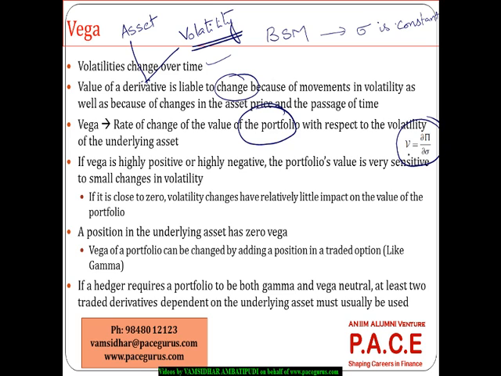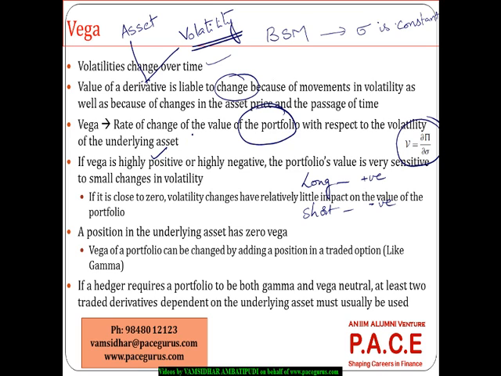So the change in the value with respect to the change in the underlying volatility. So if vega is very high, either positive or negative, again for the long position, the vega is always positive, whether it is a call or a put, but for a short position, the vega is negative. So if the vega is very high, it means it's very sensitive to the volatility.